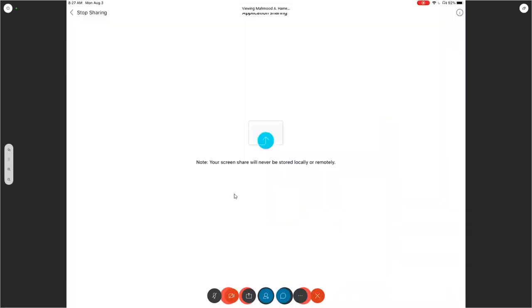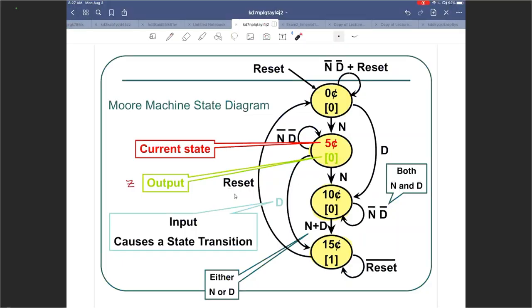So that's when I'm going to stay in the state 0. Next, if I give it a nickel, go to 5, dime, go to 10 cents. Those are the 3 arrows coming out. Nothing, nickel, or dime.